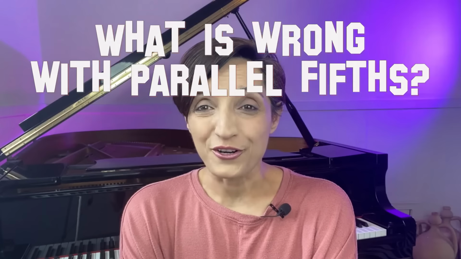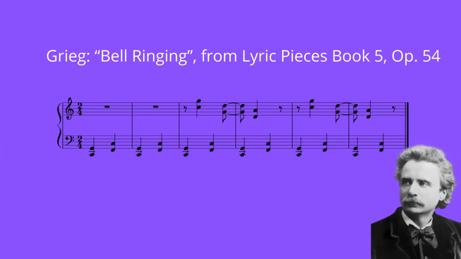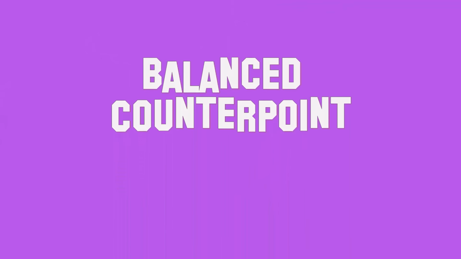What is wrong with parallel fifths? Parallel fifths are okay. Composers use parallel fifths at all times in various ways to embellish a melody or to highlight a bass line. In the past, parallel fifths interrupted the feeling of a balanced counterpoint.